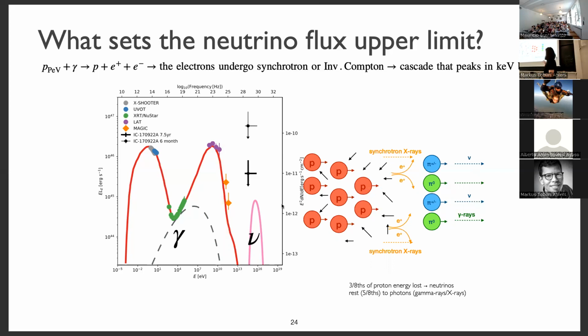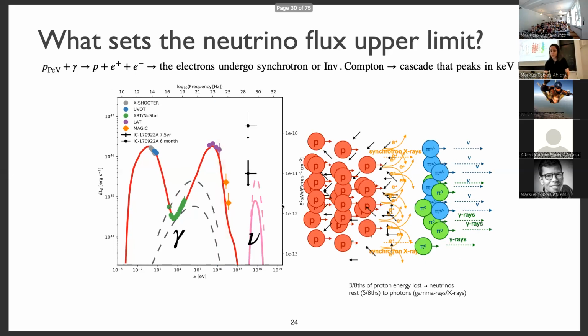So while the proton luminosity increases, we increase the neutrino production, but at the same time, we increase all the photons that are produced in proton interactions, right? So we have electron-positron pairs from the Bethe-Heitler interactions. We have neutral pions producing gamma rays.